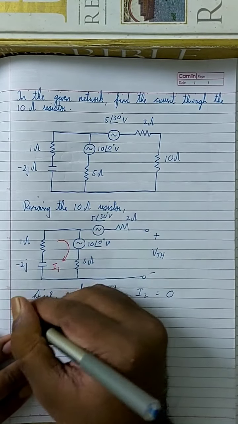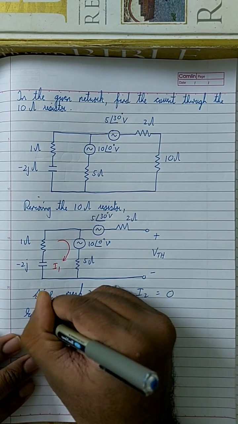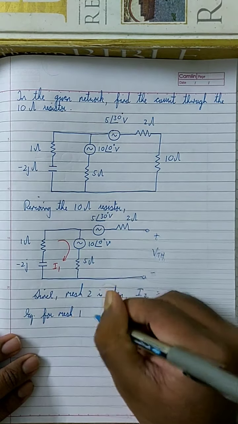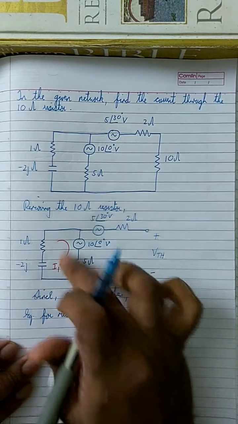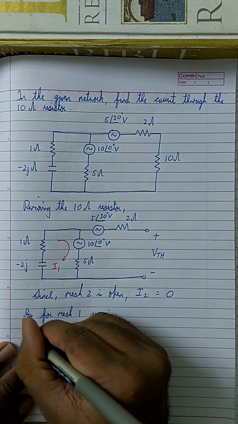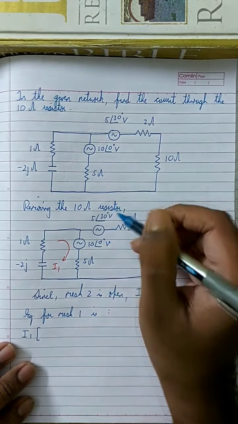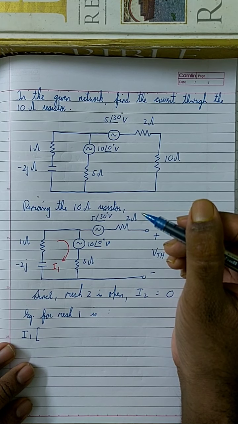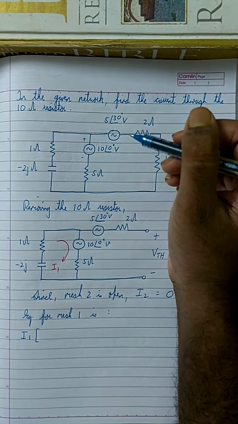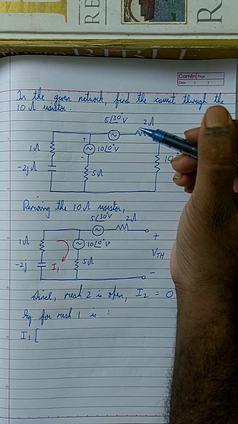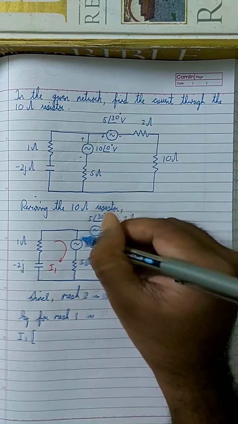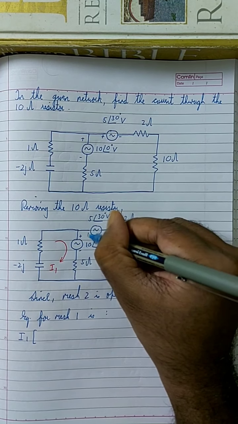So here the equation for mesh 1 is, what is the equation for mesh 1? Here I1, which elements is it touching? Let me see, the polarity of this voltage is like this, plus minus.